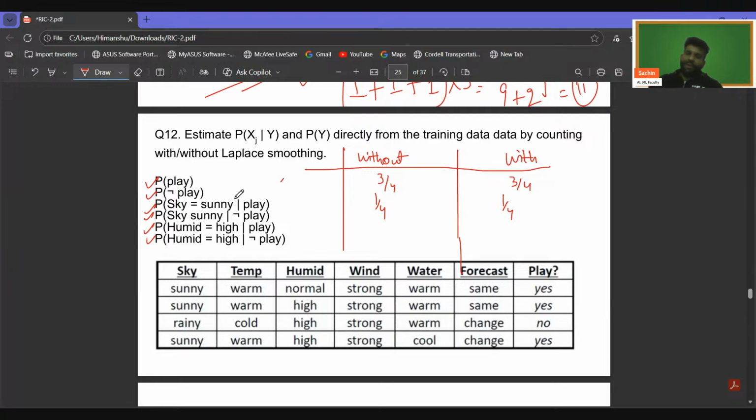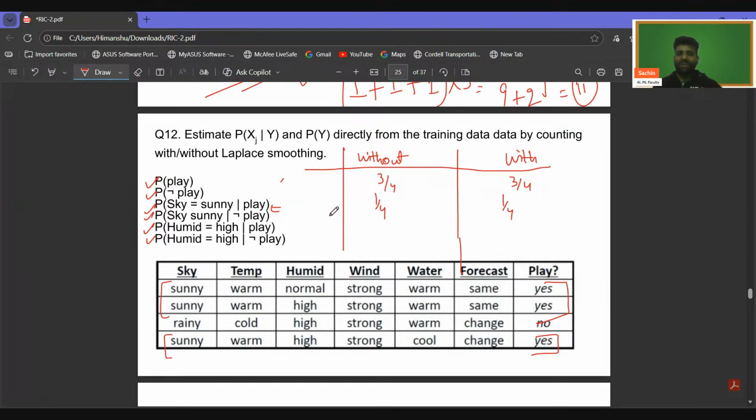So for this one I need to consider only these rows. Given this, what is the probability for sky being sunny? Whenever it was yes, every time the sky was sunny.